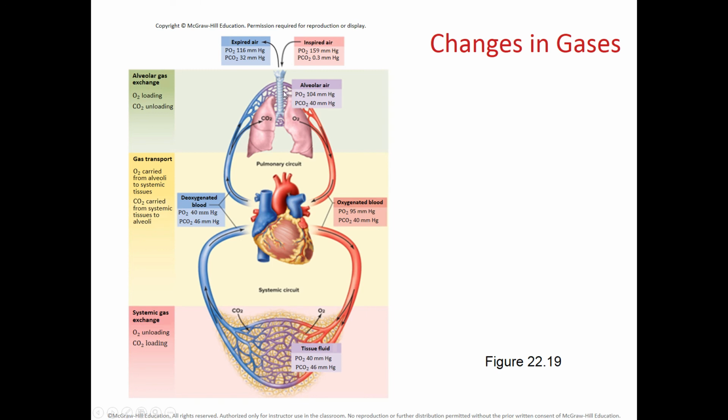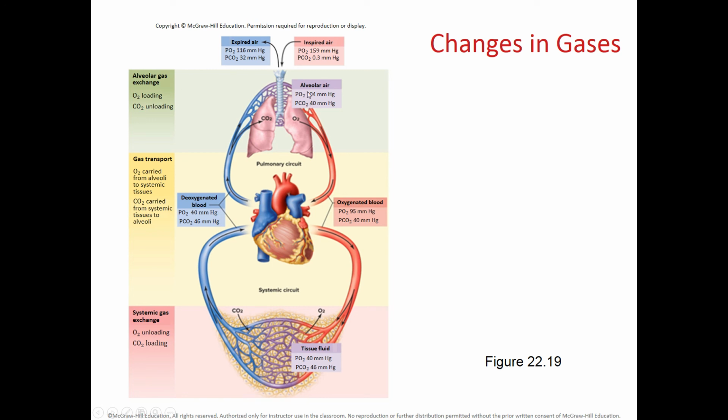So in the expired air, you have a partial pressure of 116 millimeters of mercury for oxygen and 32 millimeters of mercury for CO2, and in the inspired air it will be 159 for oxygen and 0.3 millimeters of mercury for CO2. So that's for the expired air and the inspired air.